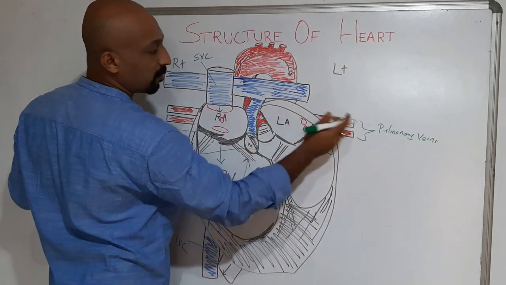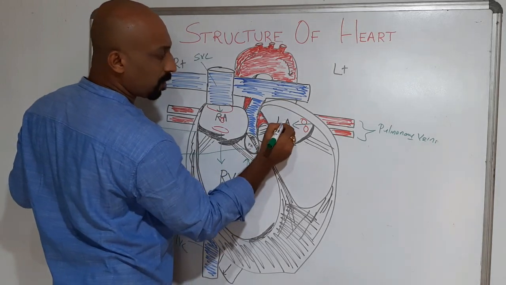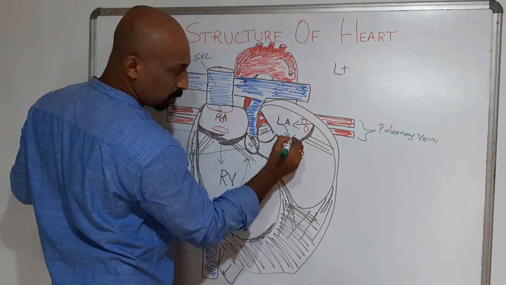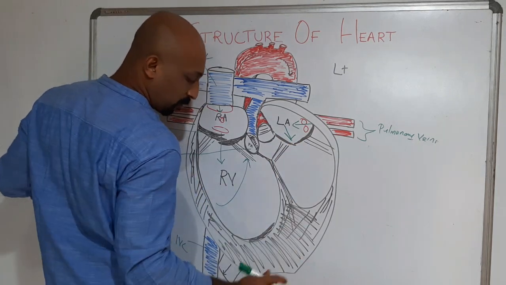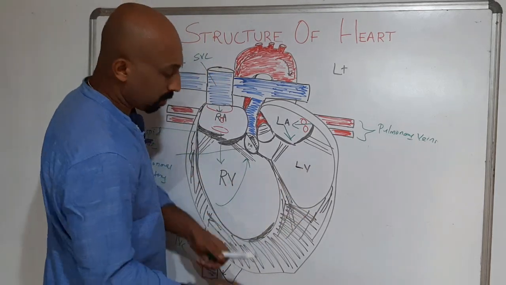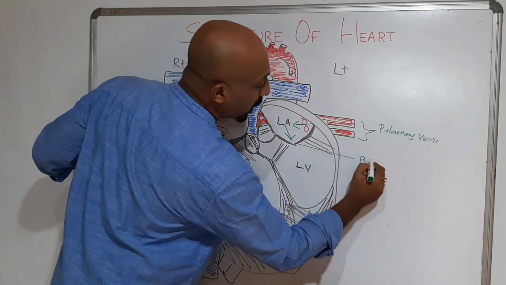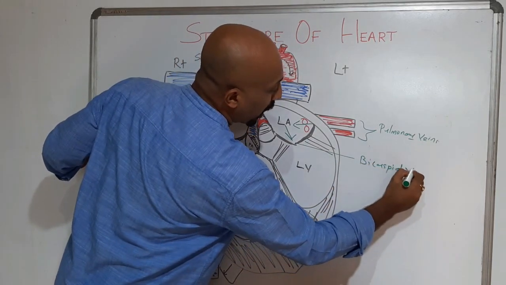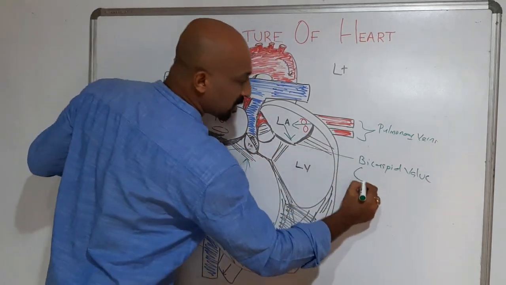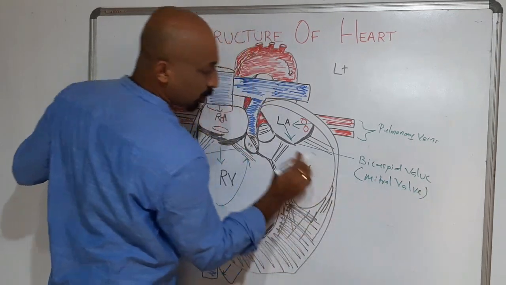So it comes into the left atrium, and from the left atrium it goes to the left ventricle through the bicuspid valve, which is otherwise known as the mitral valve.